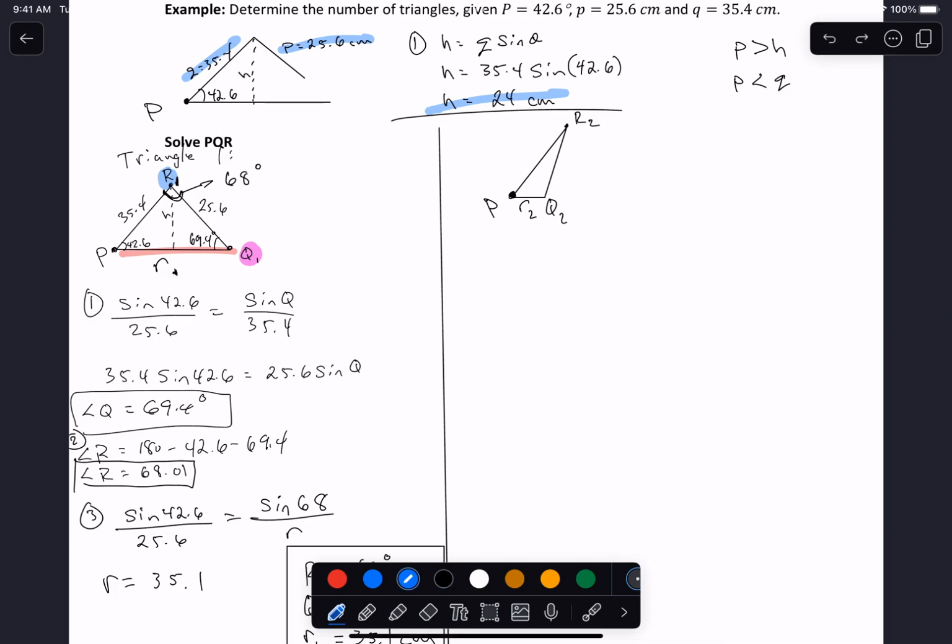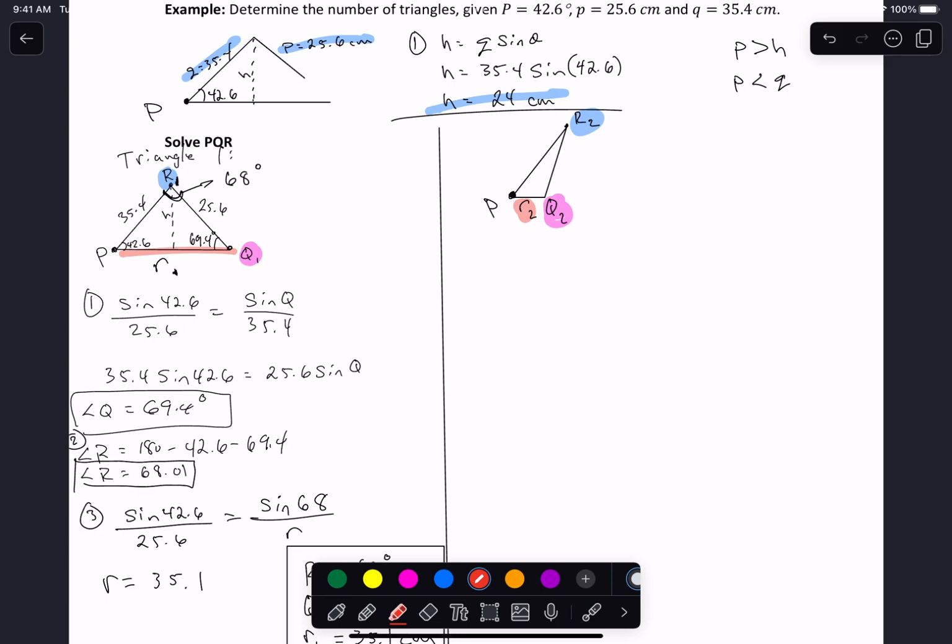The blue angle is changed at the top. Q2, or the angle Q is changed, and side length R has changed. So you gotta redo all this work. It's the exact same work, it's not hard. It's just annoying because you gotta do it twice, because there's two triangles. Right?